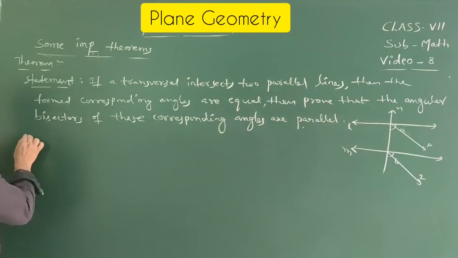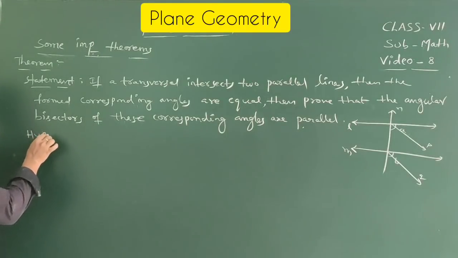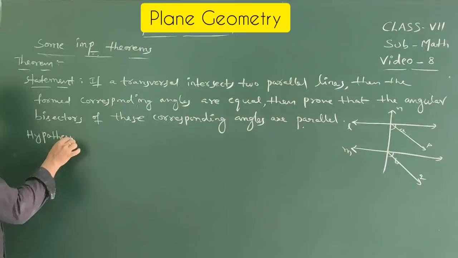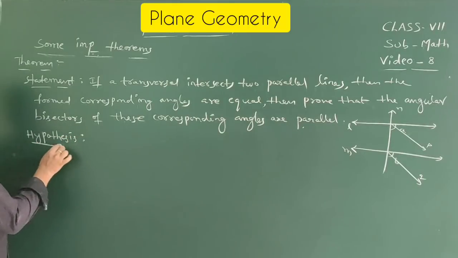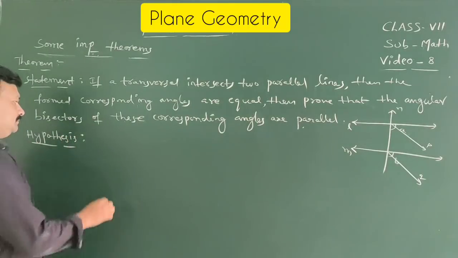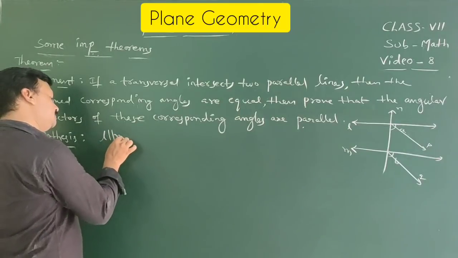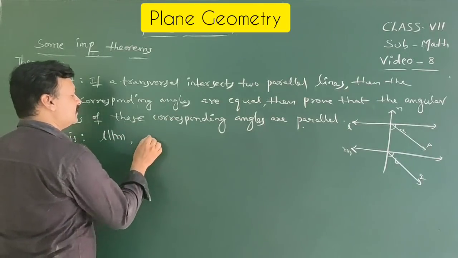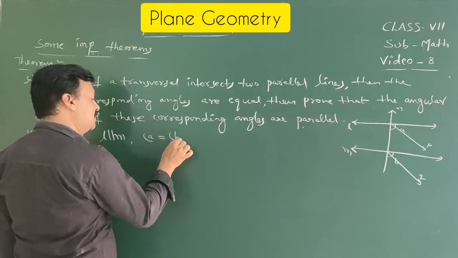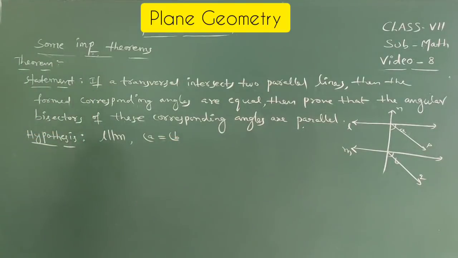Observe here. Hypothesis: L is parallel to M and angle A equals angle B, corresponding angles are equal.